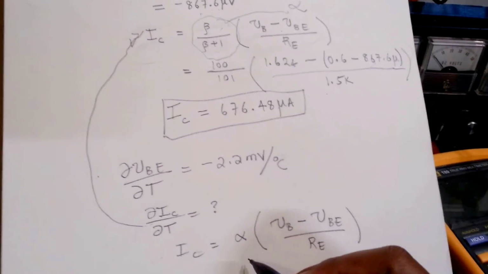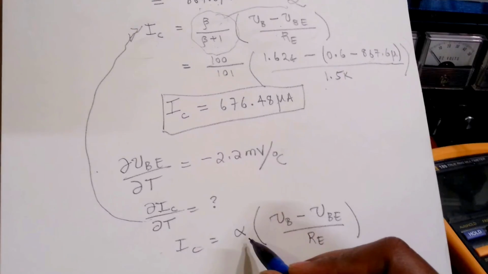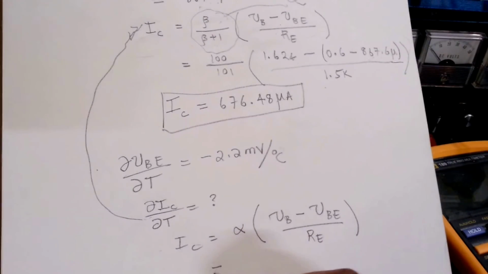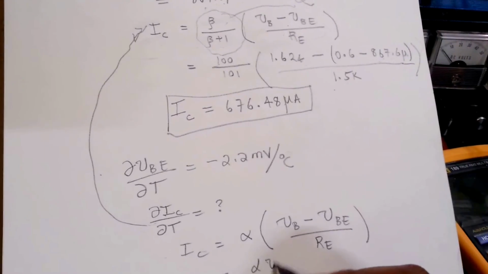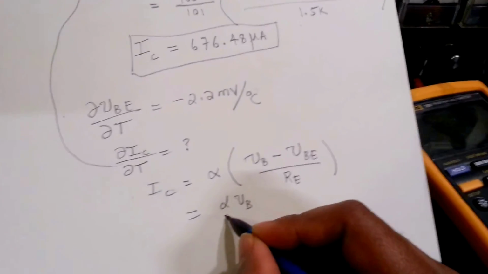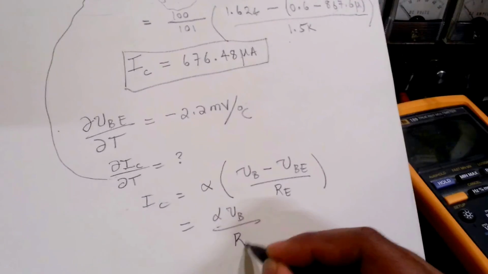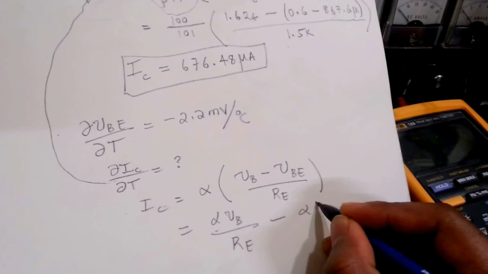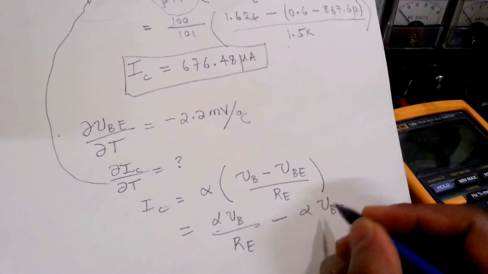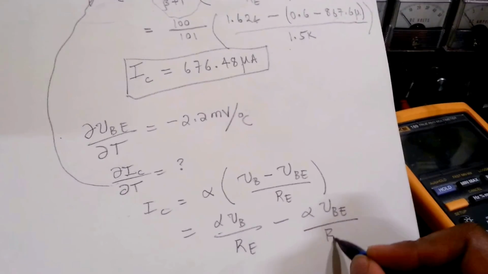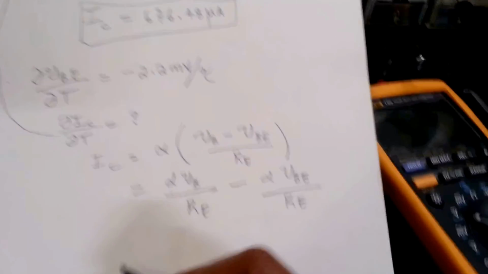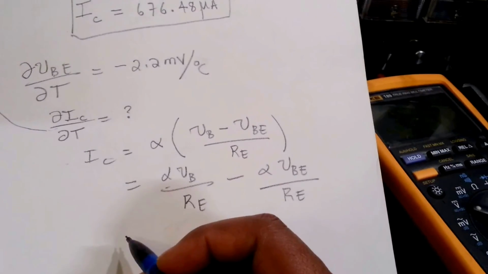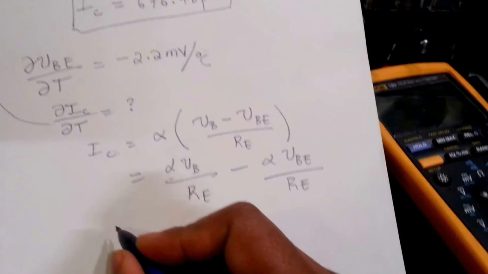And since we are guaranteed that HFE will remain constant, which means alpha will remain constant, let's distribute this. Alpha times VB divided by RE minus alpha VBE divided by RE. Now we're going to take the partial derivative with respect to temperature of the current.